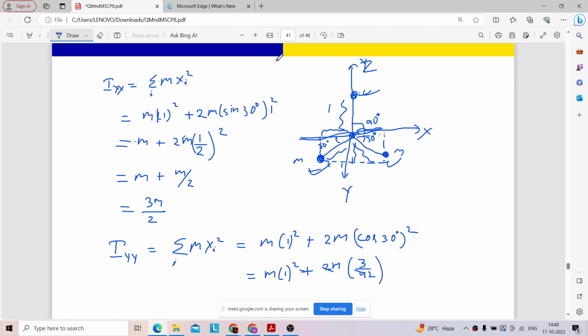Okay, my mistake. This is the y-axis, this is the z-axis.